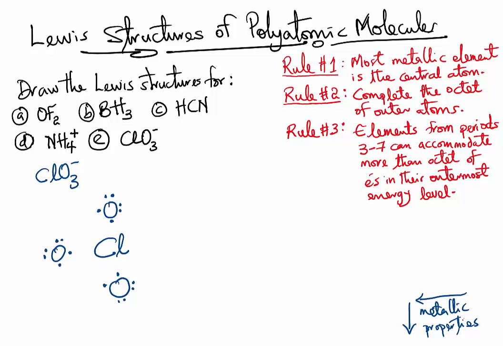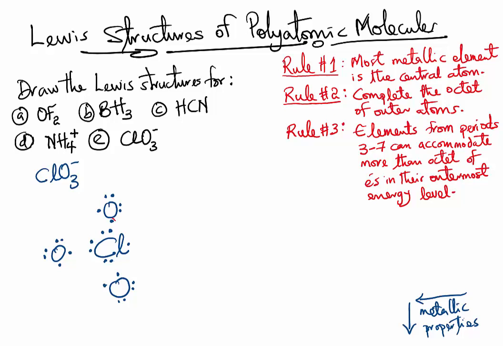On the other hand, chlorine is from group 7A. It will have 7 valence electrons in its outermost shell. Now the next is to complete the octet of the outer atoms. Each oxygen has 6 valence electrons.